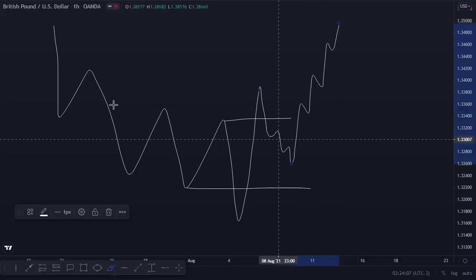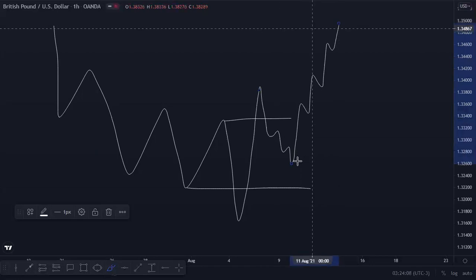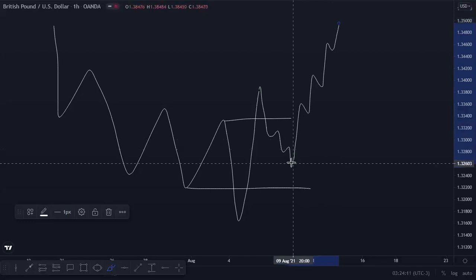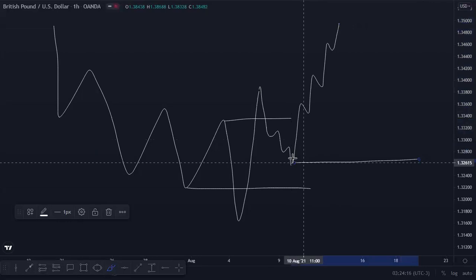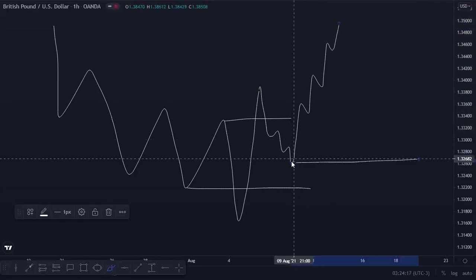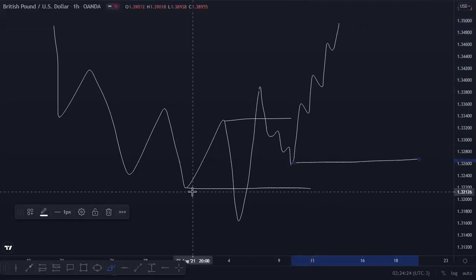When such a structure happens, we usually anticipate for price to come and retest our new invalidation. So till now we have three structures we've already talked about: invalidation X, validation, and new invalidation.